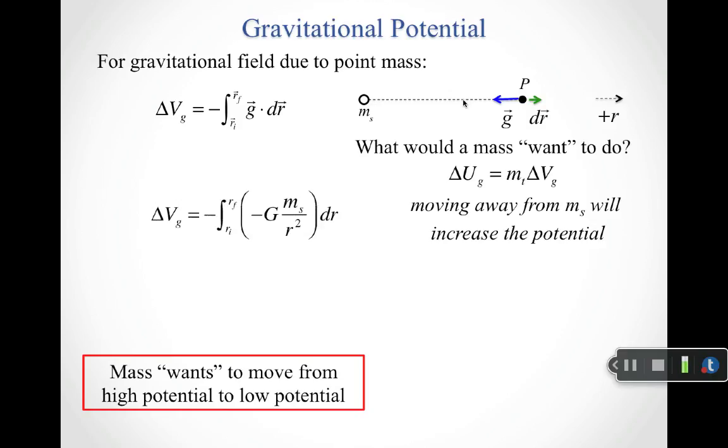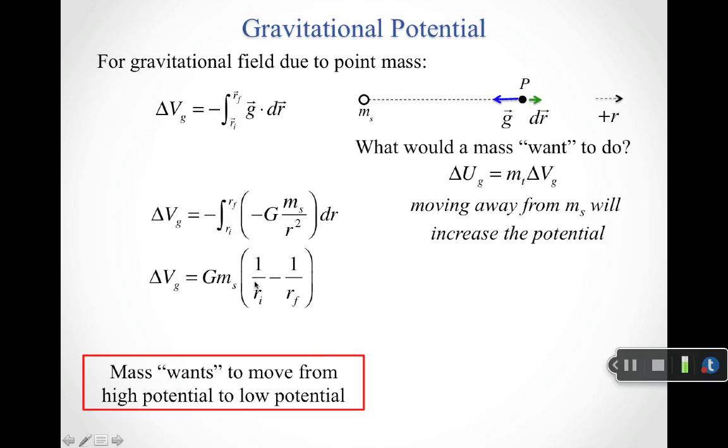All right, we've conceptually talked about what's going on. To go through the math, we know how to calculate the gravitational field. It's given by G M_s over r squared in terms of its magnitude. It's going to be negative here because it's pointing back to the left, and we've said to the right is positive. My two minus signs are going to cancel. G and the mass are constants, so I can pull those out of the integral.